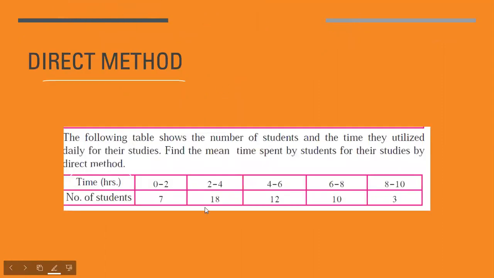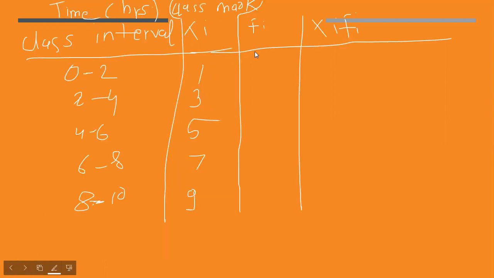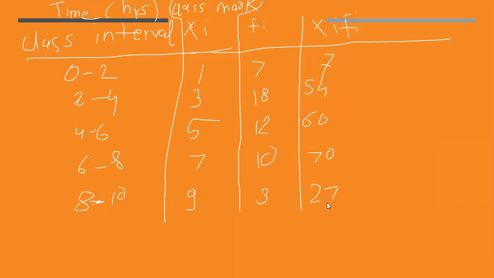Now let us see the frequency, which is given by number of students. So here we have 7, 18, 12, 10 and 3. Now we are going to multiply these two to find our mean. So xi fi: 1 into 7 is 7, 3 into 18 is 54, 5 into 12 is 60, 7 into 10 is 70, and 9 into 3 is 27.